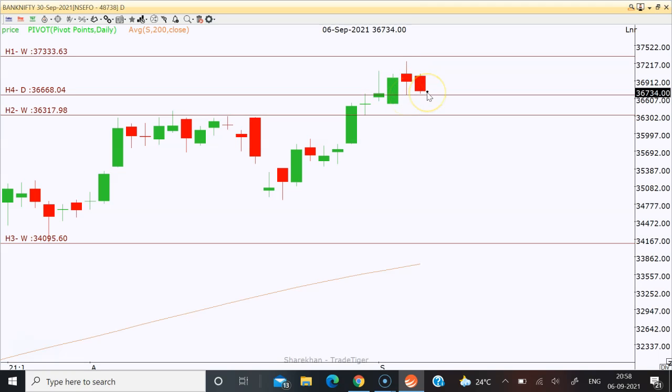It didn't take it today. That's the reason we cannot straight away get into the short call, but once it is taken, the next support, the next target we can take, is another 140 points.